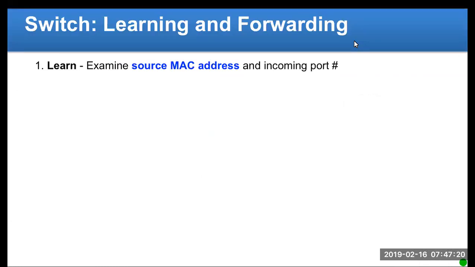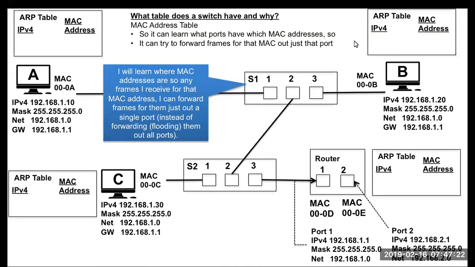Okay, so by the way, before I move on to the MAC address table, I just want to mention that people ask me, well, do switches have an ARP table? They might. If the switch has been assigned an IPv4 address. Why would a switch be assigned an IPv4 address? It's so you can manage that switch remotely.